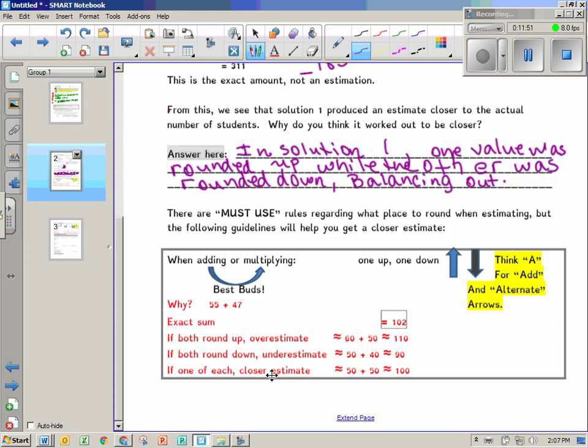But if I do one of each, like if I round 55 down and 47 up, they both are 50, and again I'm rounding to the nearest 10, I get 100. You can see how 100 is closer to 102 than either the 90 or the 110.